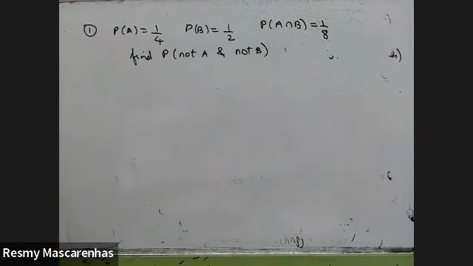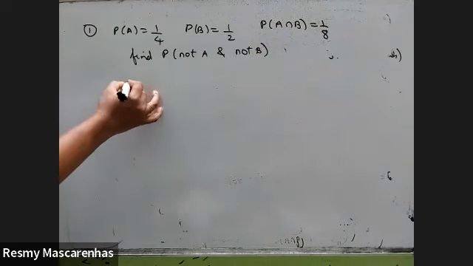P of A is given, P of B is given. So basically I have to find not A, the complement.